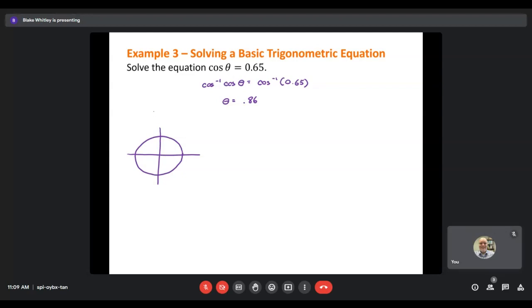Well, the way to do that is to think about these key values along the axis and what their decimal approximations would be. So I know that pi over 2 is about 1.57. Well, 0.86 is smaller than that, so that means that 0.86 is actually going to be in the first quadrant.